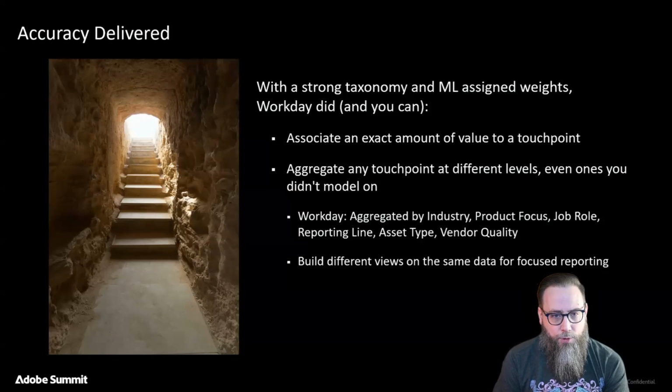They talked about how Workday did this, and there's a lot more I'm not going to touch on. But there were some really good insights along what I was just saying, that it is accurate enough, and how that helps us build the right views for more focused reporting and actionable decisions.